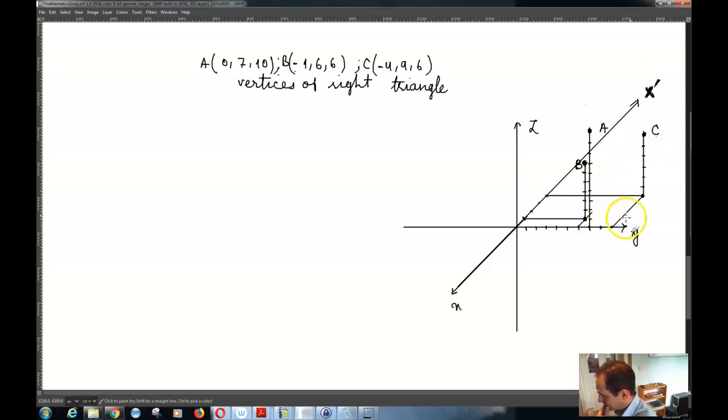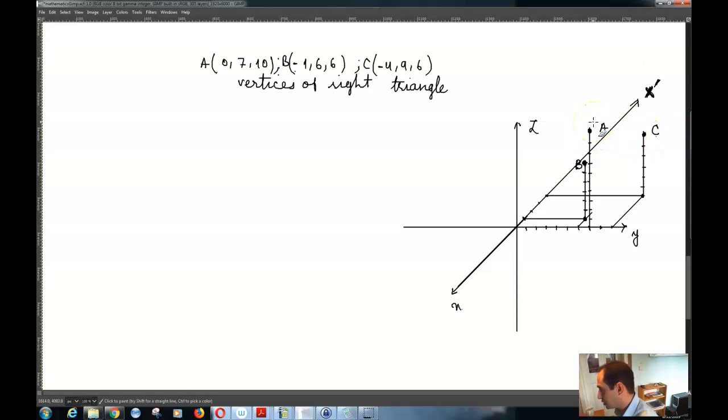Now you see that this point is way behind these 2 points, at basically -1 and somewhere around 6, 7. So point B is actually behind point A, and you need to think of that in that way.